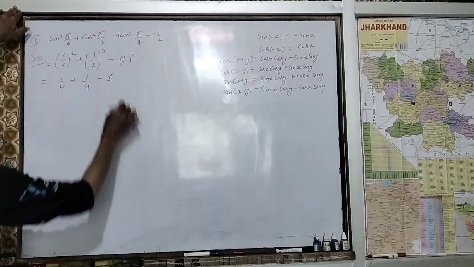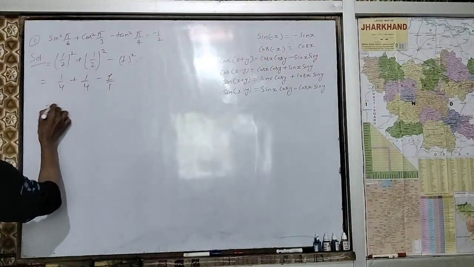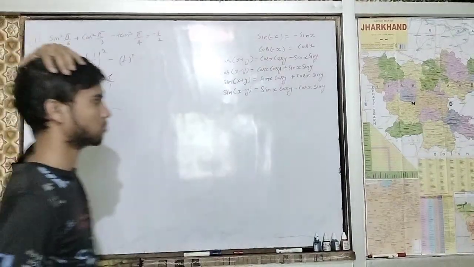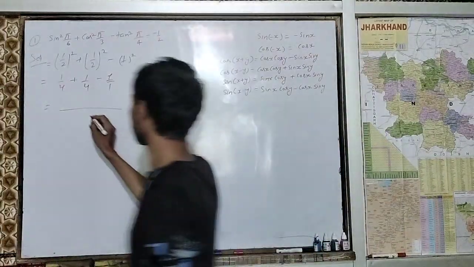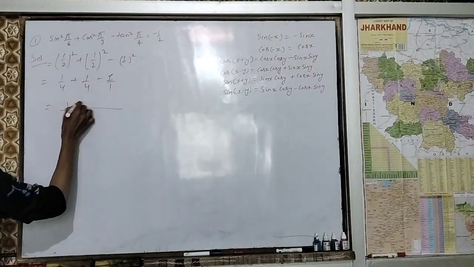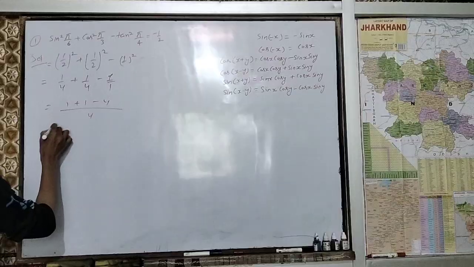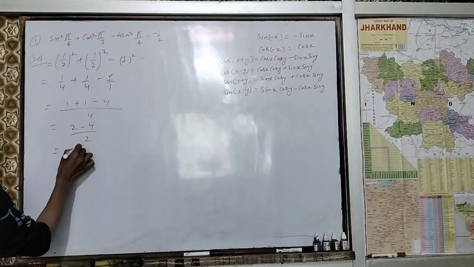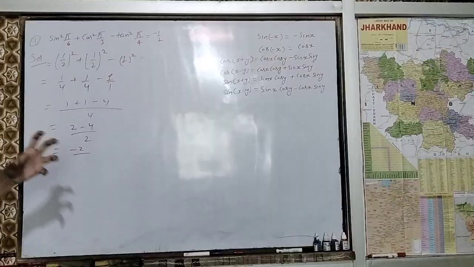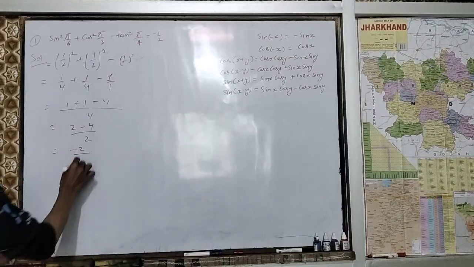This is minus 1. Now here we have fractions. This 1 plus 1 and minus. What is happening over here? 2 minus 4 upon 2. So this is coming as minus 2 upon 2.